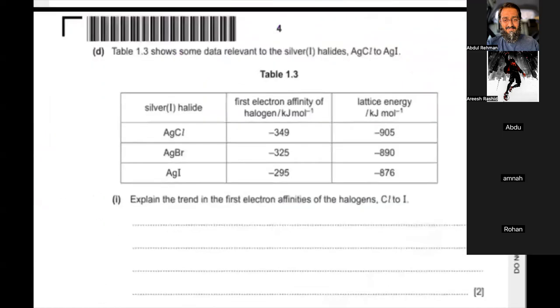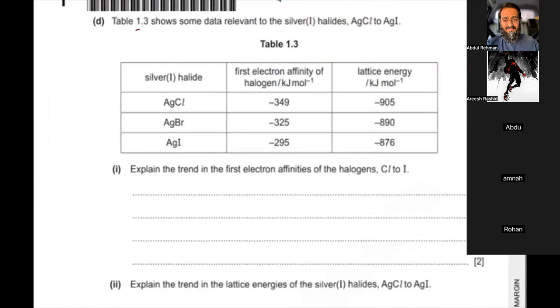Now, D. Table 1.3 shows some data for the silver 1 halides, silver chloride to silver iodide. Okay. So these are the electron affinity trends as we have discussed, if you guys remember. If you see the periodic table, we have fluorine, chlorine, bromine, and iodine. So they have used the silver compounds of chloride, bromide, and iodide.